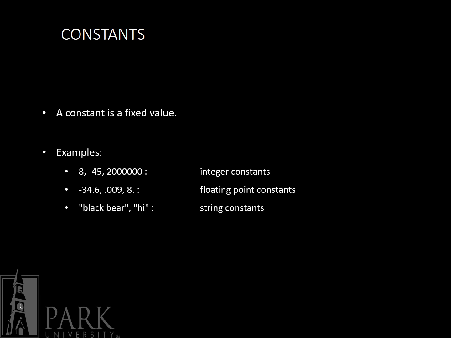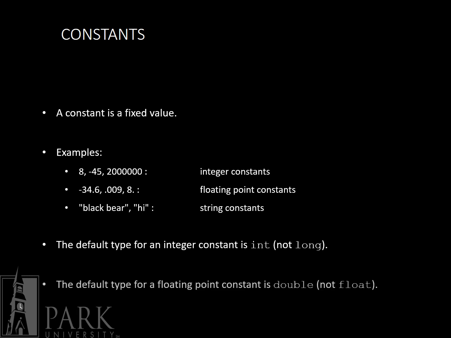An interesting point is that the default type for an integer constant is an int, but the default type for a floating point constant is a double as opposed to a float. So it uses the smaller version for integers and the bigger version for floating point numbers. Just be aware of the difference between those two.